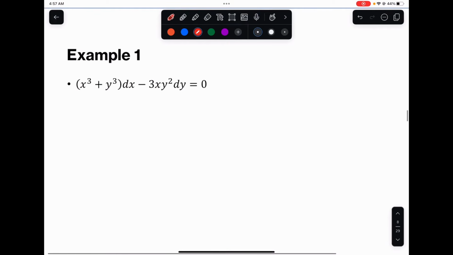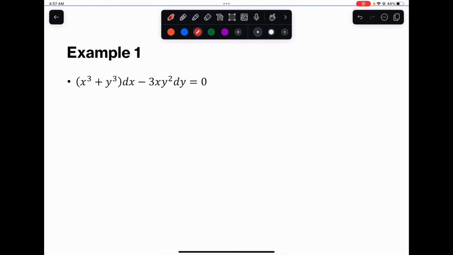So for example, number one, I'm not going to check anymore whether this is homogeneous or not. These are actually all the previous examples that we are going to solve. So for this one, we have x cubed plus y cubed dx minus 3xy squared dy is equal to 0.